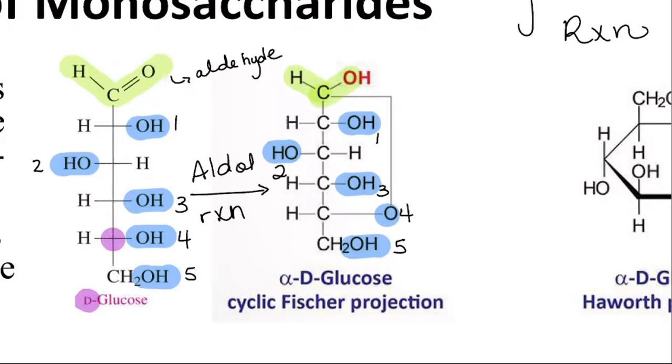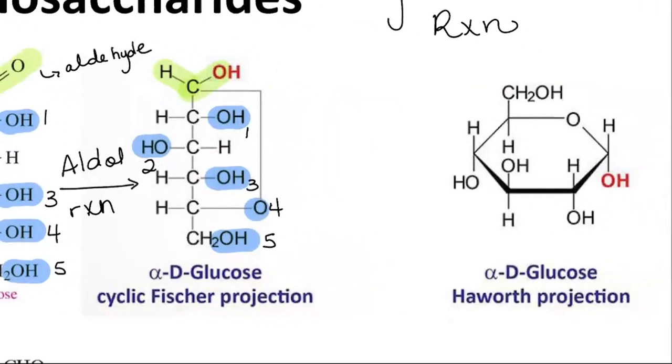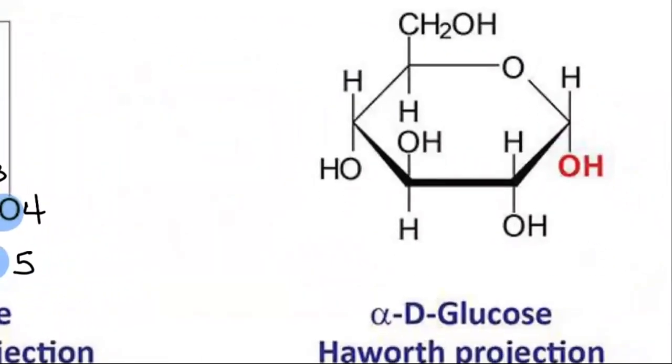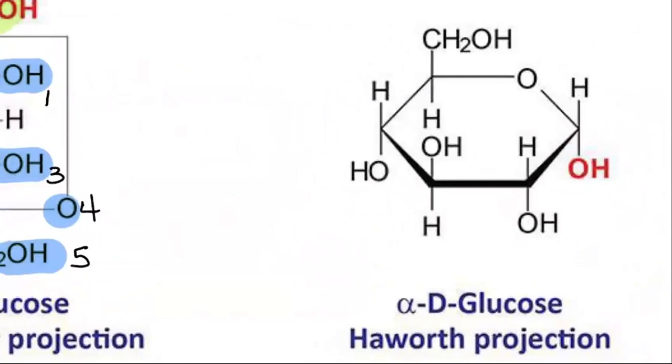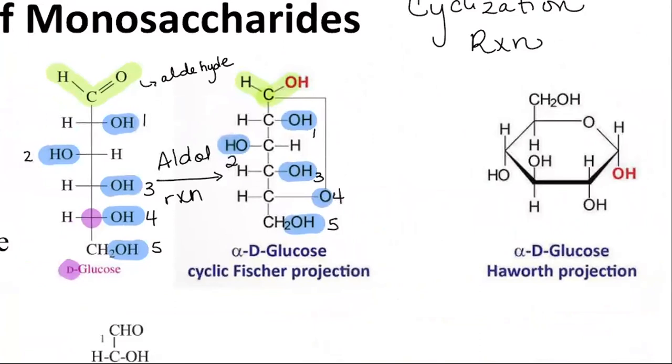So here I also give you what the molecule looks like at the end. Okay, but I want to give you guys the steps of how we actually come up with that as our last structure. Understand that the molecule that we have here is called a Fischer projection.